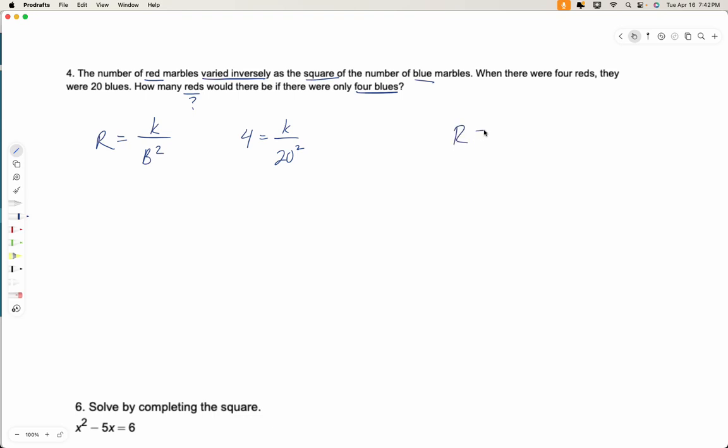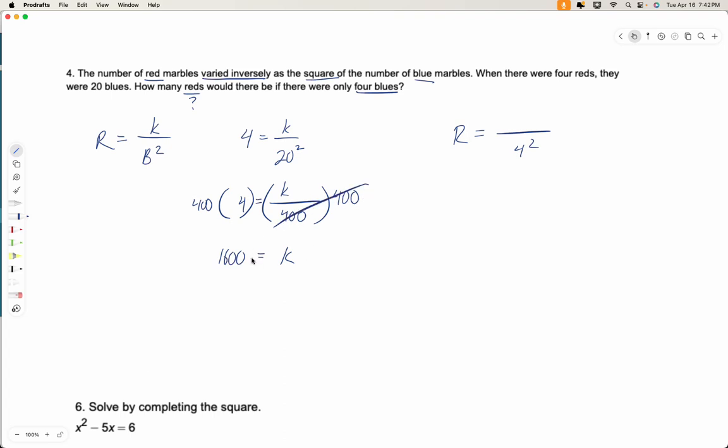So reds would equal 4 blues, so that'd be 4 squared. So that's our second problem. We got to find out what k is. So 4 is equal to k, 20 times 20 is 400. So if I multiply both sides by 400, 1600 is the value of k, right?